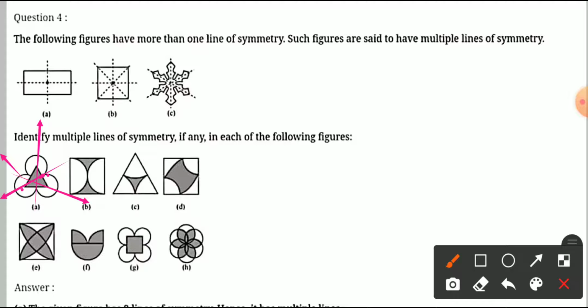Now in the second case, first. In the third case, 1, 2, 3. Fourth case, only diagonally.